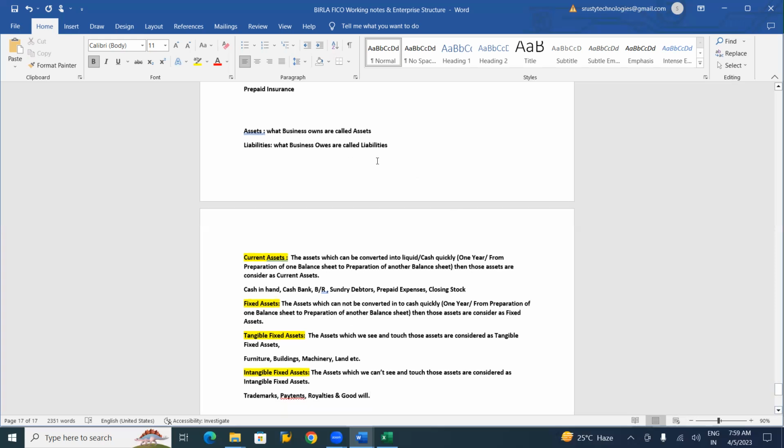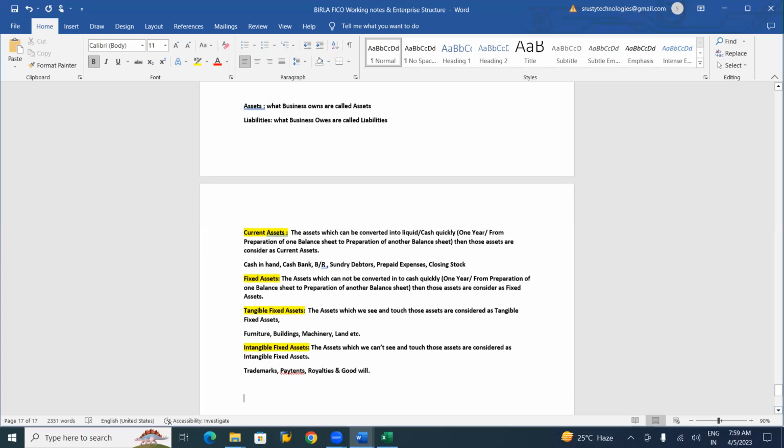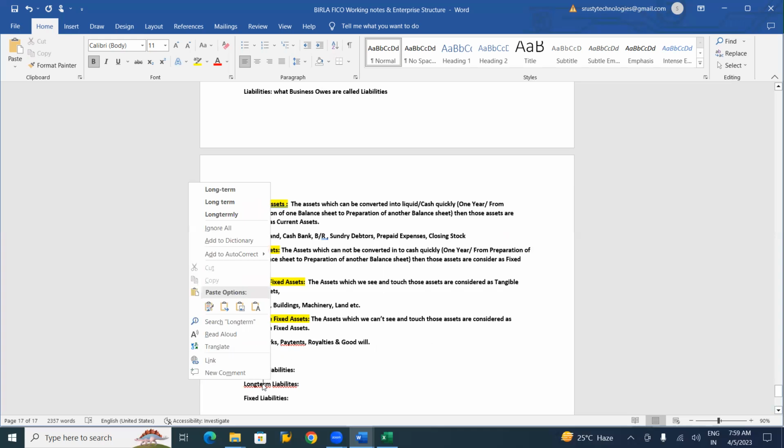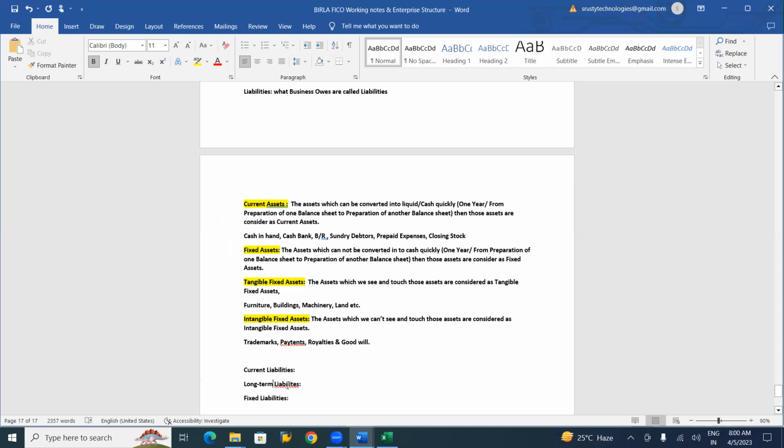What we owe is considered as liabilities, and liabilities are again classified into three types: current liabilities, long-term liabilities, and last but not least, fixed liabilities. Clear?